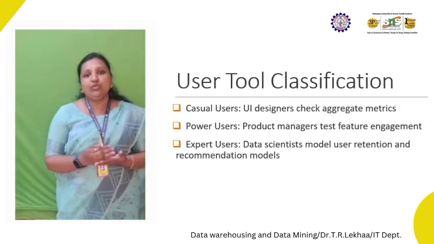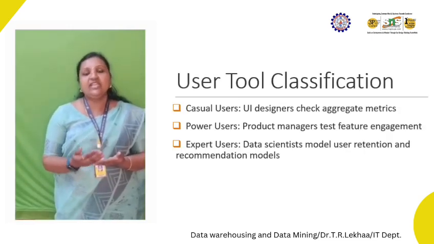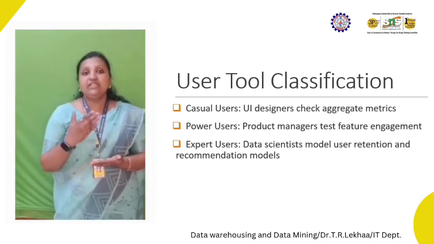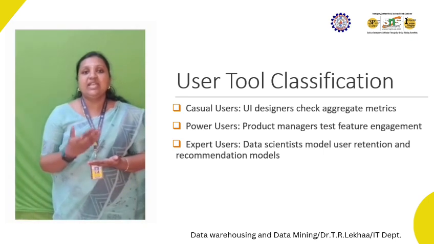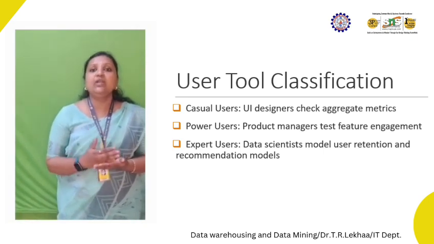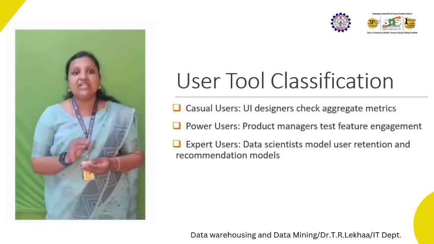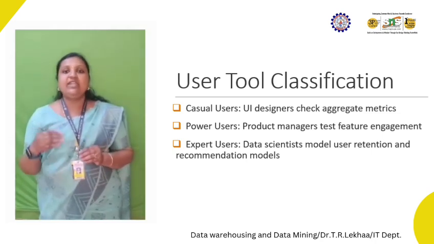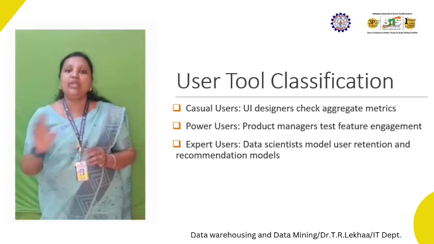And the fourth one is the user tool. The user tool means we have different levels of users. The first is the casual user, the second is the power user, and the third is the expert user. Casual users do not have any skills. They use the tool as it is.